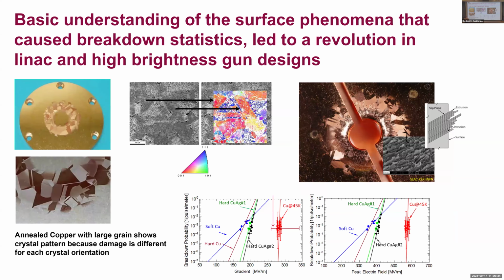We know from very basic physics that around 6 volts per nanometer of electric field will evaporate atoms from the surface. However, from experimental data, we have seen that these things can break down at much lower fields than that, close to about 100 times lower, where the surface erupts.